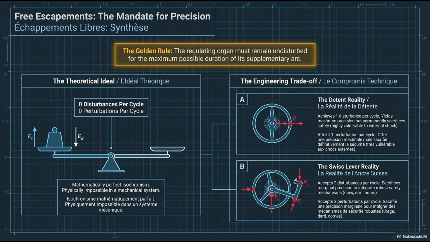The Swiss lever is not a compromise in the pejorative sense. It is a deliberate, quantified engineering decision, accepting 2 disturbances per cycle to gain robust, reliable, wrist-proof safety. Every gram of that decision is justified by 150 years of successful wristwatch production.